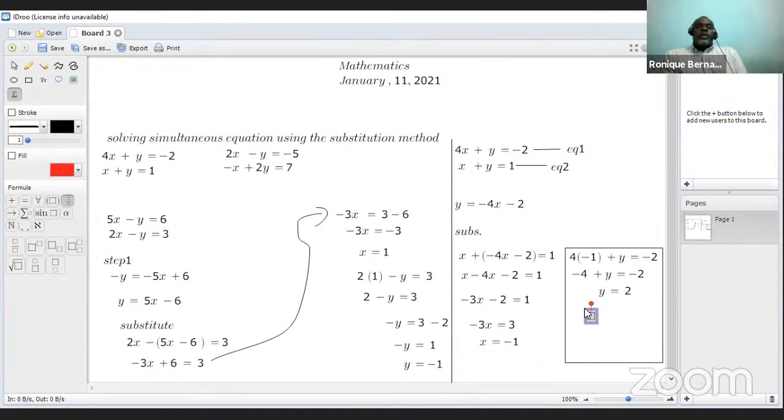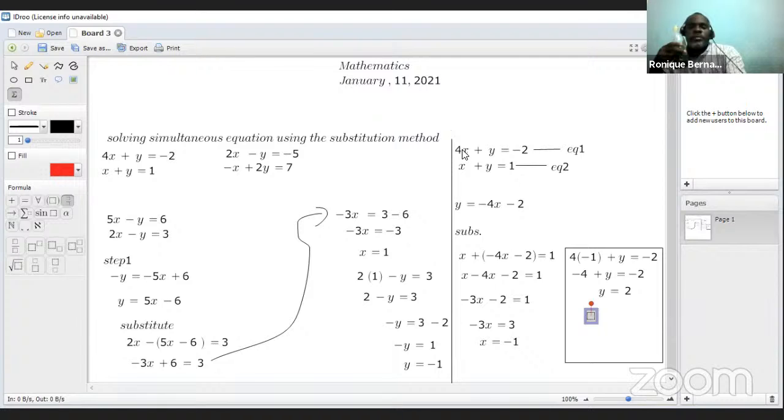All right. So we have found the value of x and we have found the value of y. Let's substitute them in both equations. So if x was negative 1 in equation 2, and y is 2, negative 1 plus 2 will give us back positive 1 right here. So it will work in that one.